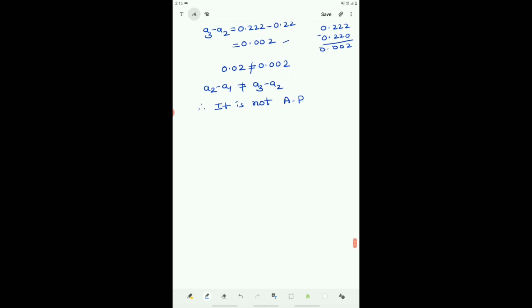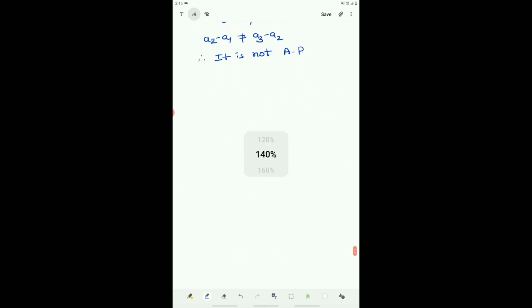Then seventh: 0, minus 4, minus 8, minus 12, and so on. Now A1, A2, A3, A4.